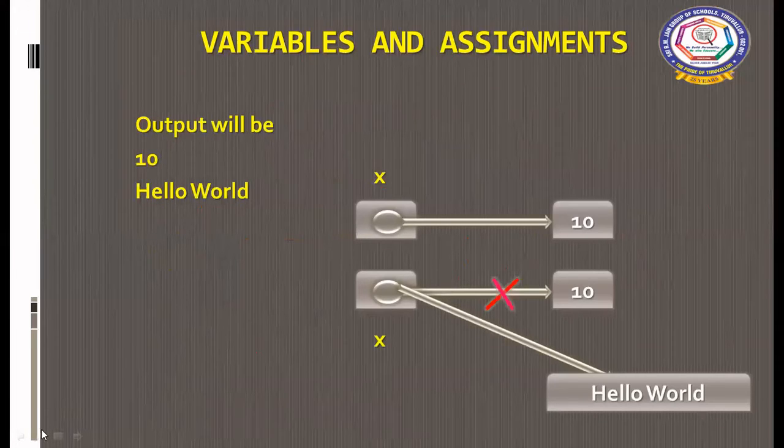So initially x is pointing to the value of 10. Now in the second statement we made x point to a string object, which is nothing but hello world, instead of pointing to the 10. That is, the earlier object is no longer referenced. Now a string object is being referenced by the variable x.